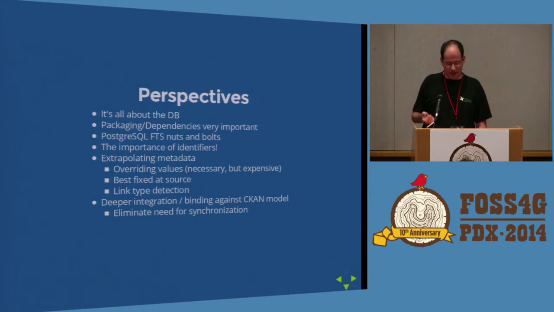So CKAN does something a bit differently. When it harvests, it creates new identifiers for the records in order to manage the metadata internally, and that was very important because we had to find ways to synchronize or couple the identifiers, the original ones and the new ones. So this was a bit of trouble, but in the end it was made possible.